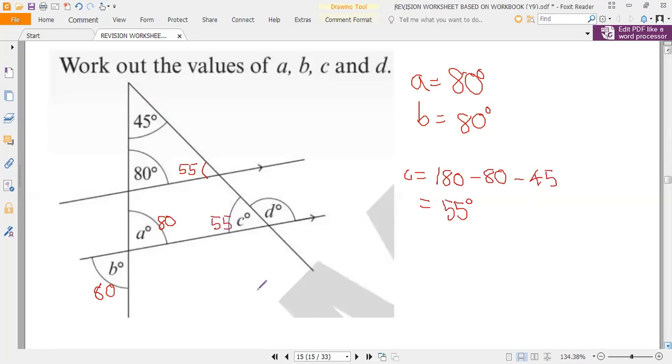All right, last one for D. D and C together form a straight line, angles on a straight line. A straight line is always 180 degrees, right? In this particular condition, the whole thing here is 180. So for finding D, it's 180 minus 55.